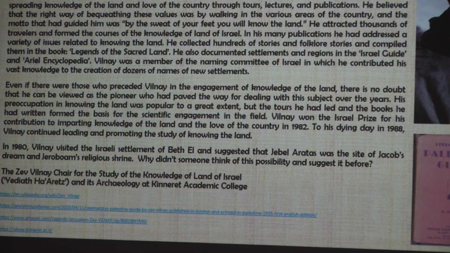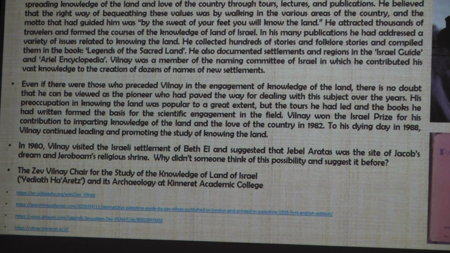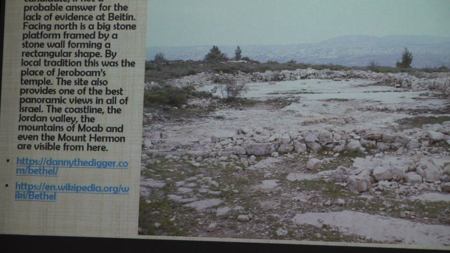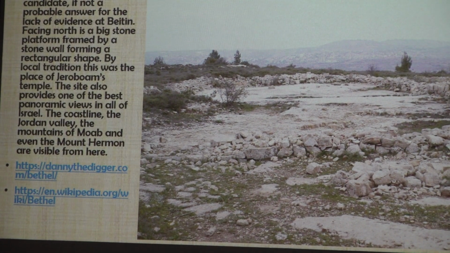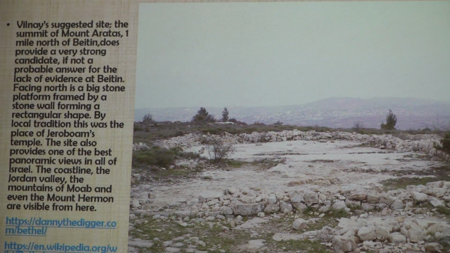And Vilnai suggested that, not any archaeologist, but just this one person. And this is Jebel Aratus, and possibly the area of the high place on top of that mountain.